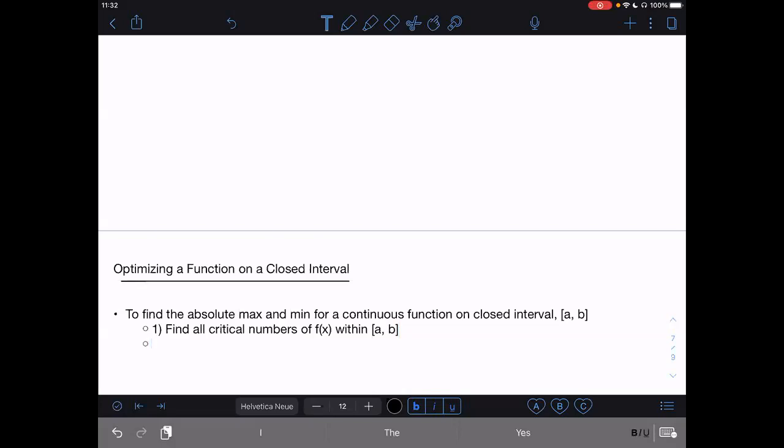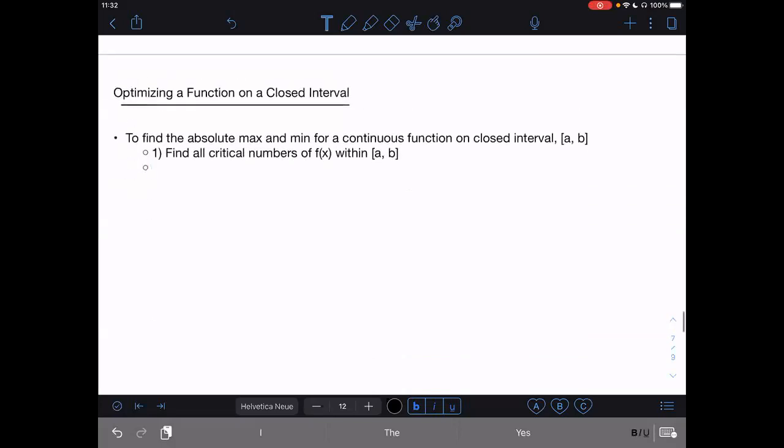Except in this case, we don't have to do the first derivative tests.